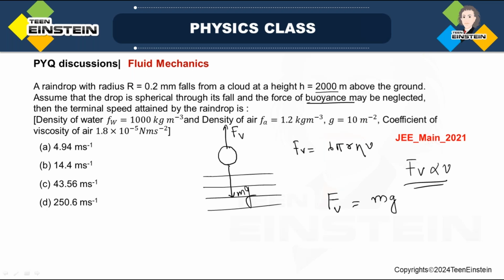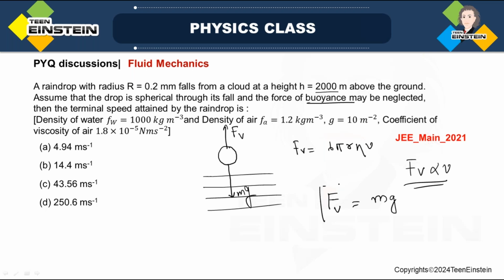So when there is no net force on any object, it will be moving with a constant velocity or uniform velocity, or if the object is stationary, it will remain stationary. That is Newton's first law in mechanics.